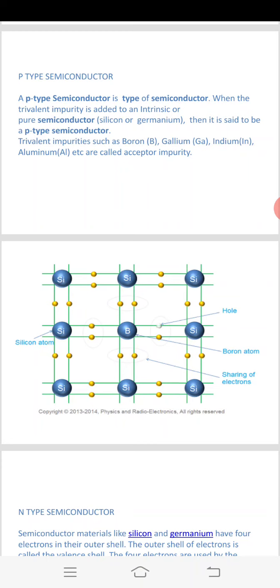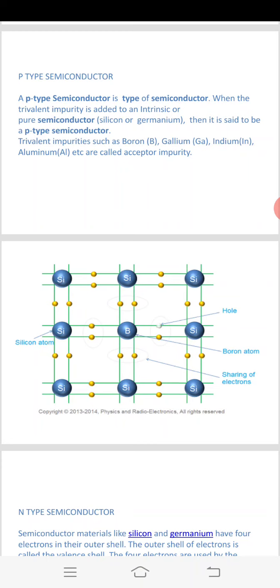So there is a vacancy left, an empty space which is known as a hole, shown as a white ball. Holes show the vacancy and the requirement of electrons.